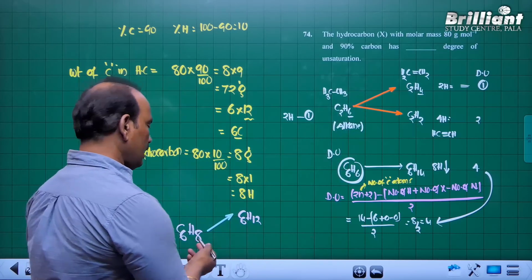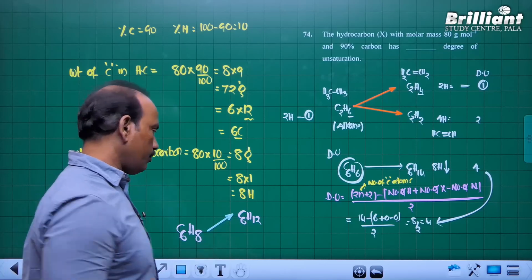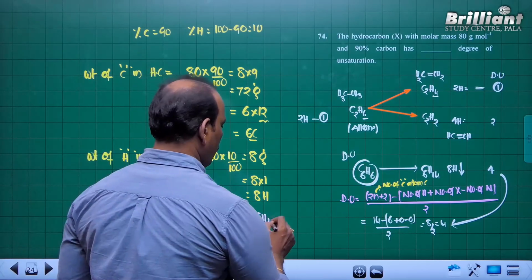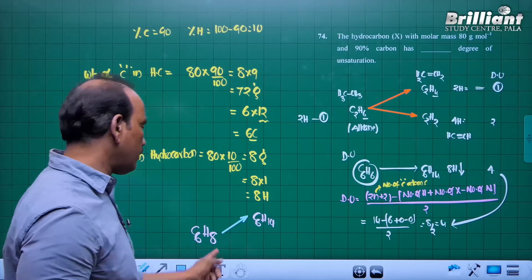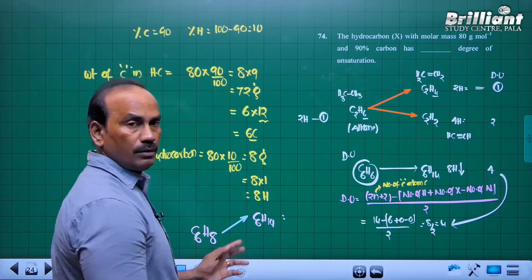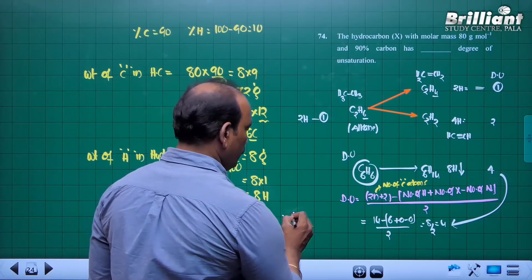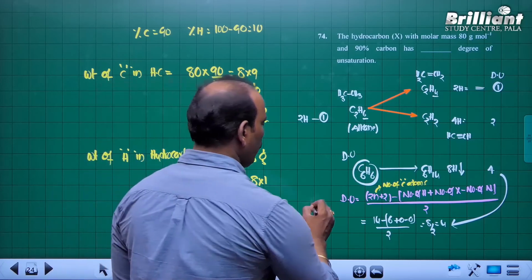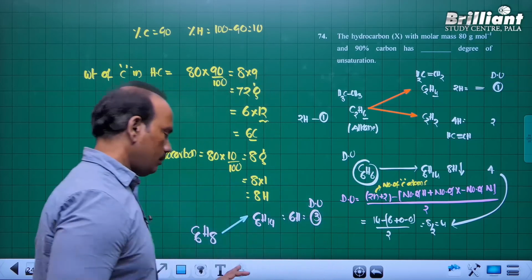How many hydrogens are less? 14 minus 8, that is 6 hydrogens less. 6 hydrogens means divided by 2, so DU equals 3.